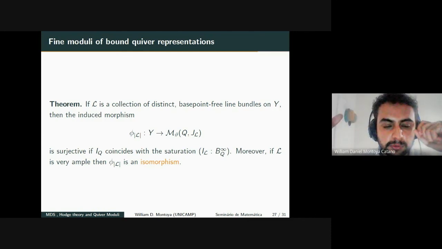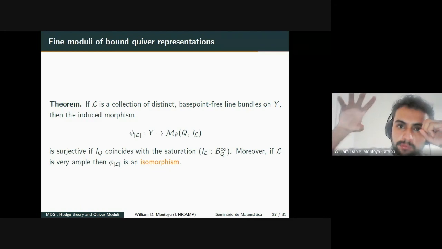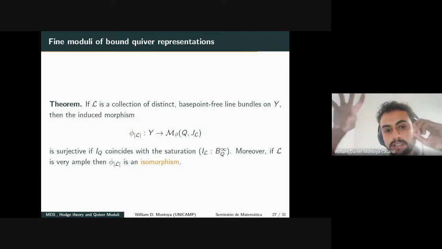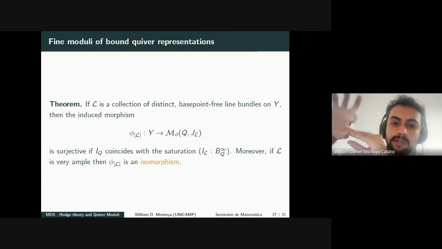And they were able to construct this toric variety as the quiver moduli of representations without relations. And then they found the necessary and sufficient conditions for this to be embedded as a quiver moduli.